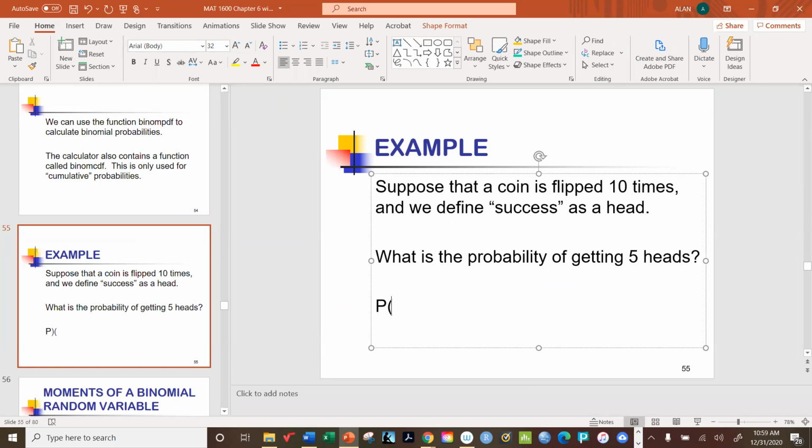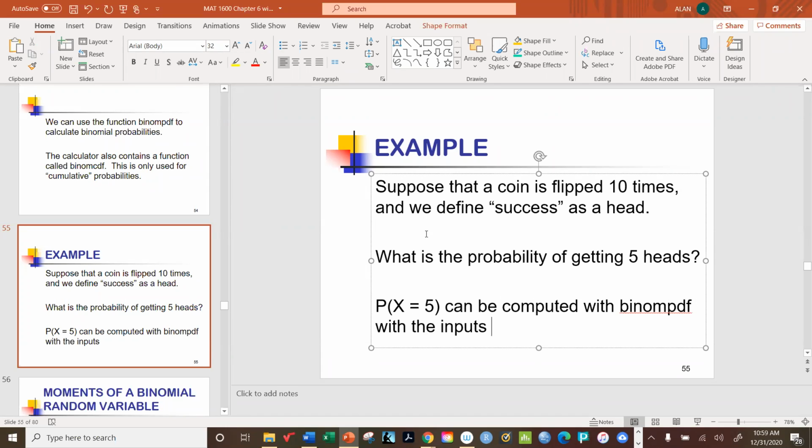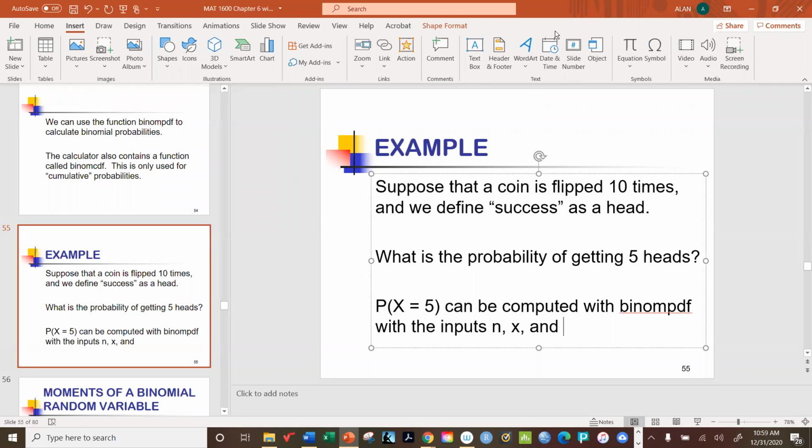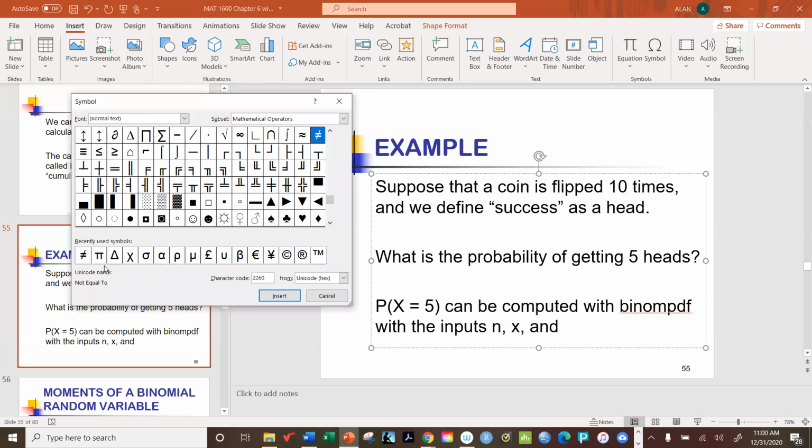So this can be computed with binom PDF, with the inputs we need: N, X, and pi.